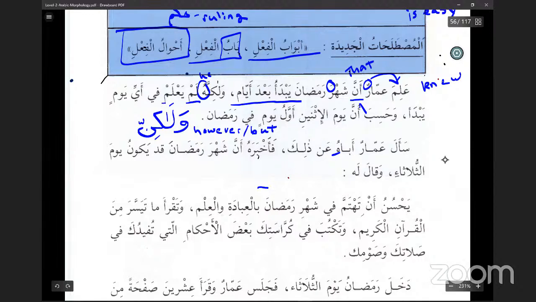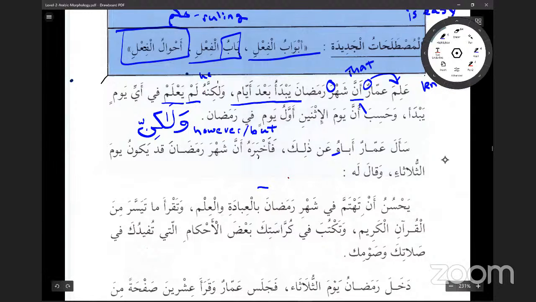Lam ya'lam. So we have alima ya'lamu, which means knew. Ya'lamu is knowing, present tense. The rule is whenever lam comes, we want to keep in mind two things.